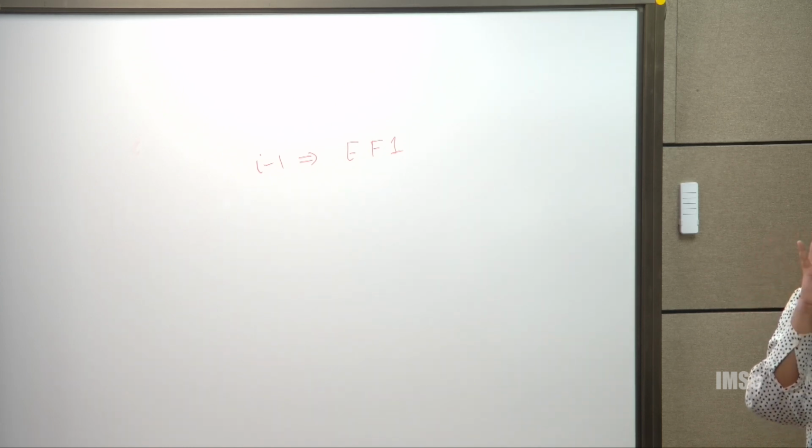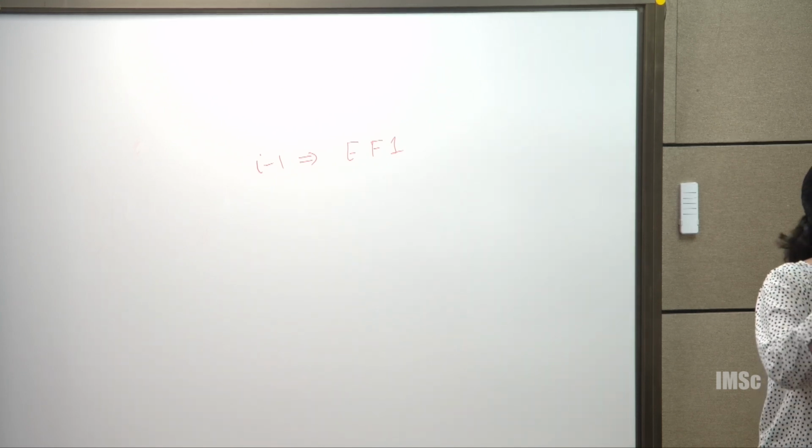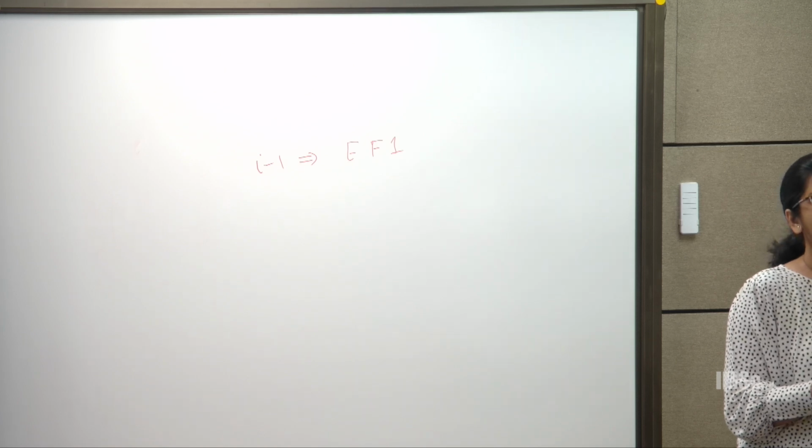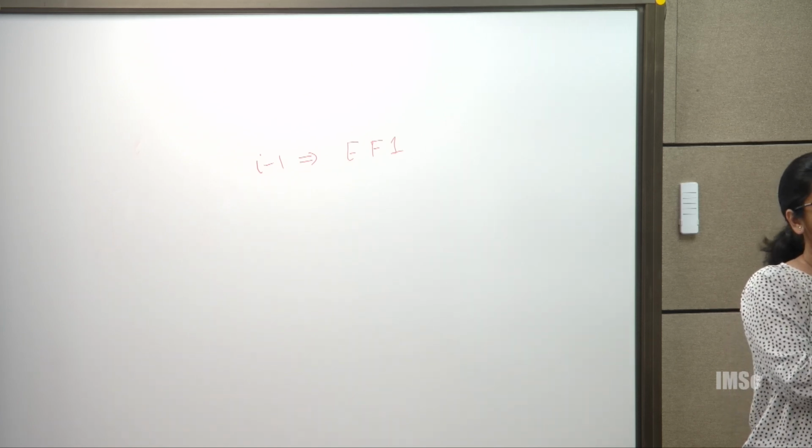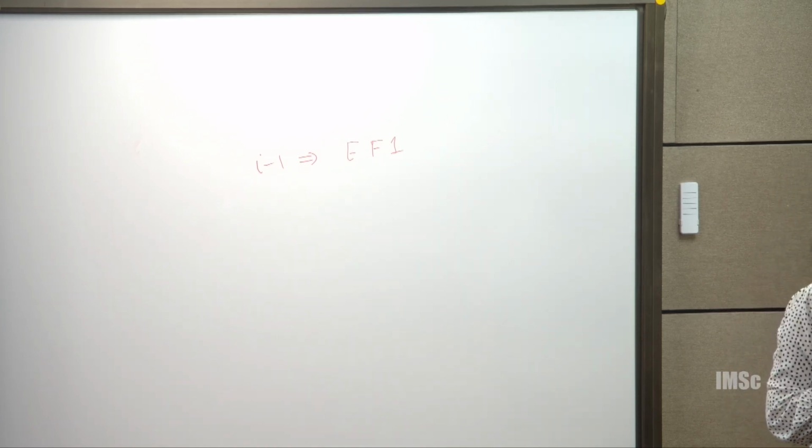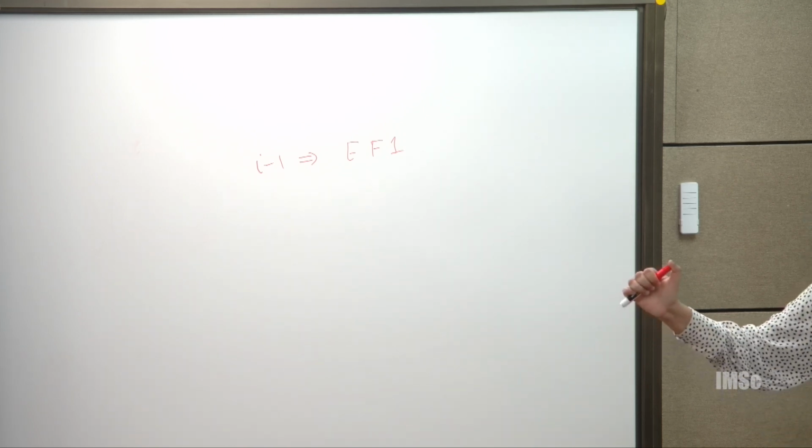In every iteration, why is it EF1? Because you are assigning to the source. Look at the other guys, they are EF1 because of that. I'm not following the point, Pallavi. Once you eliminate cycles, there are a lot of reallocations. You might have allotted to him in the beginning, but when I do cycle elimination, I take my things and move them around wherever.